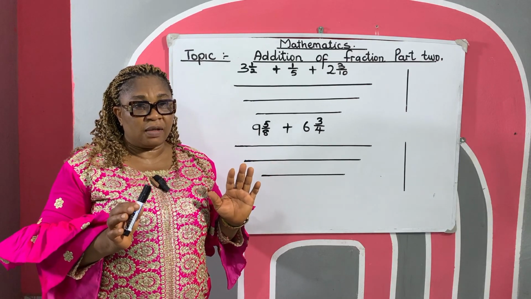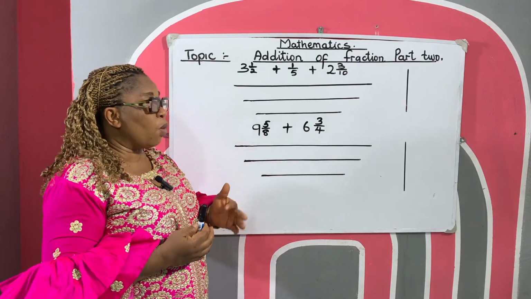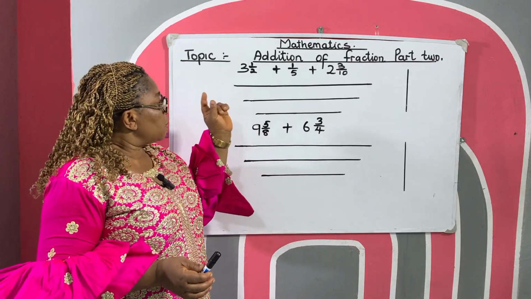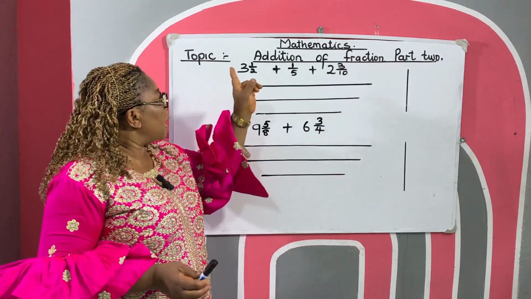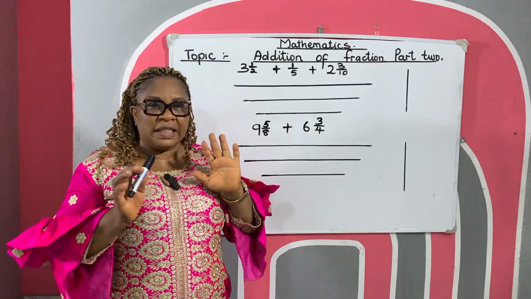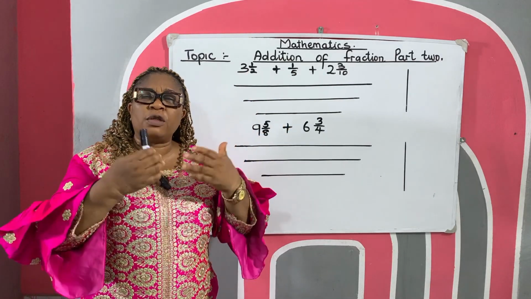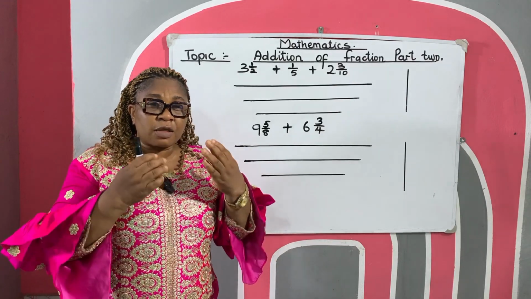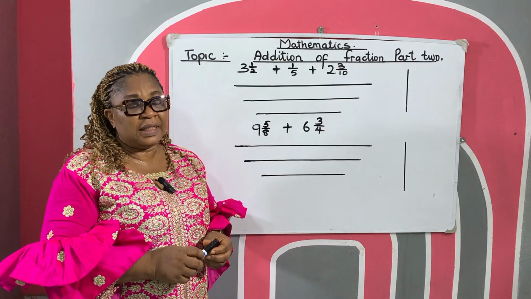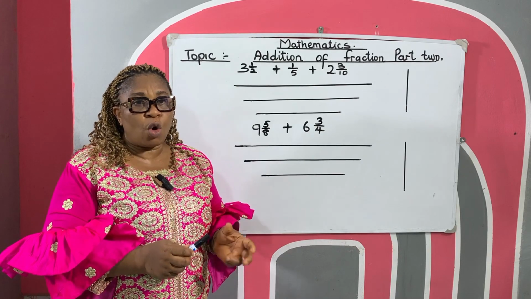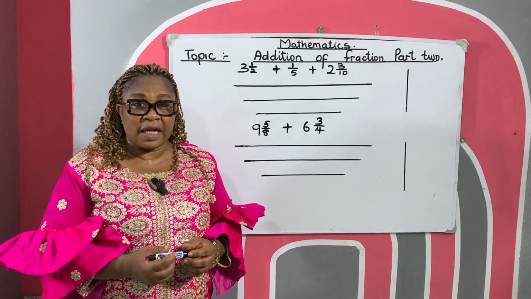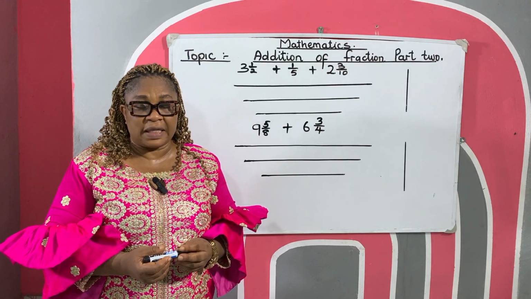You must find the LCM, because what we need is the smallest number that 2, 3, 5 can divide. We know there are a lot of numbers that the three of them can divide, but what we need here is the smallest one, so that the work will be very easy for us. So let's go and find the LCM of 2, 5, and 10.